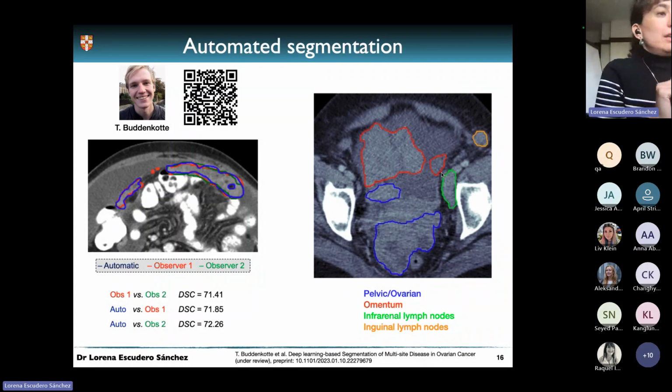One thing that I want to point out in this slide is that when we are developing these tools and working on these problems in medical imaging, we also need to be conscious of what the ground truth is. We don't really know exactly where the tumor is. We rely on the experience and expertise of the observers, the radiologists doing the manual segmentations for us.